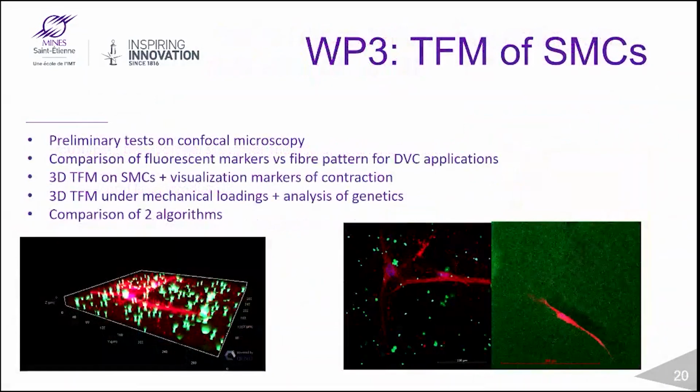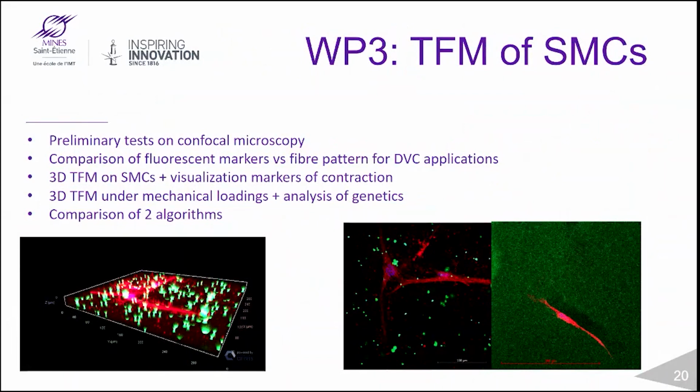And the third part that we've started to work on is traction force microscopy for smooth muscle cells. So the idea is to first develop DVC, so digital volume correlation algorithms, and optimize them for the cells and for the hydrogels.